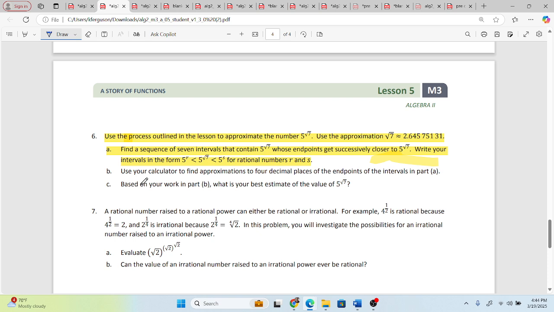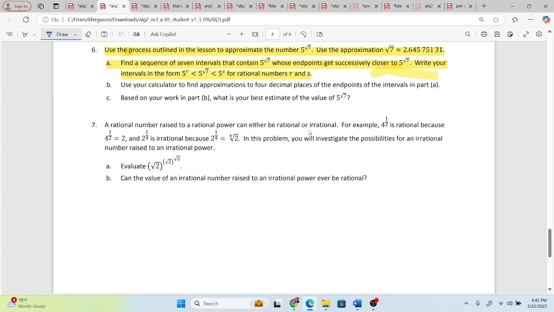Find a sequence of 7 intervals that contain 5 to the radical 7 power whose endpoints get successively closer to 5 to the radical 7 power. Write your intervals in the form 5 to the r power is less than 5 to the radical 7th power, which is less than 5 to the s, for rational numbers r and s.